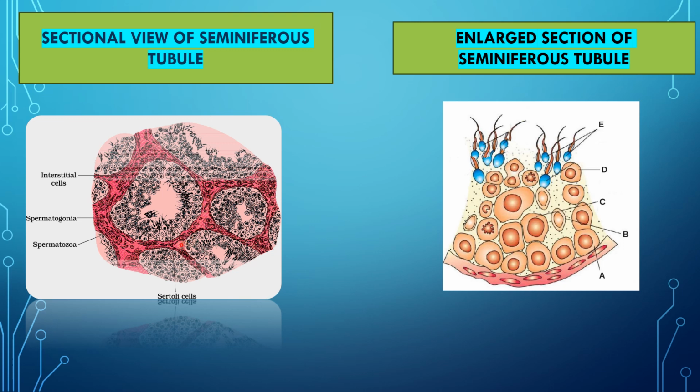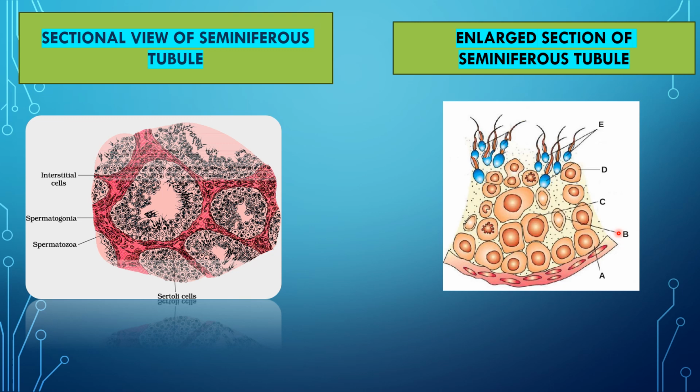You call that space the interstitial space, where you have the interstitial cells or the Leydig cells. And these are the spermatozoa and the Sertoli cells, which you find on the inner lining of the seminiferous tubule, along with the spermatogonia. This is an enlarged section of the seminiferous tubule.